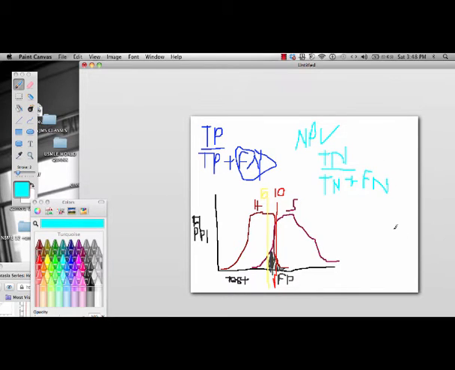So an important way of thinking about how negative predictive value works is, if you tested negative, what are the chances that you are in fact negative? If we're saying that, hey, you don't have a disease, what are the chances that you really don't have the disease? And that makes sense in terms of the formula.